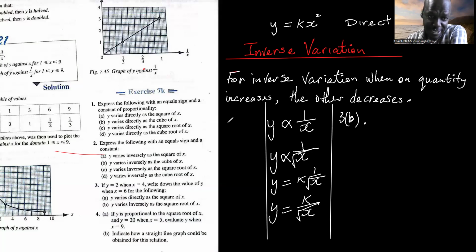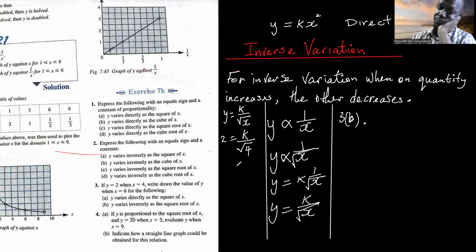So y is equal to k divided by the square root of x. So when y is 2, k is 4? What is the square root of 4, people? 2. So it's k over 2.